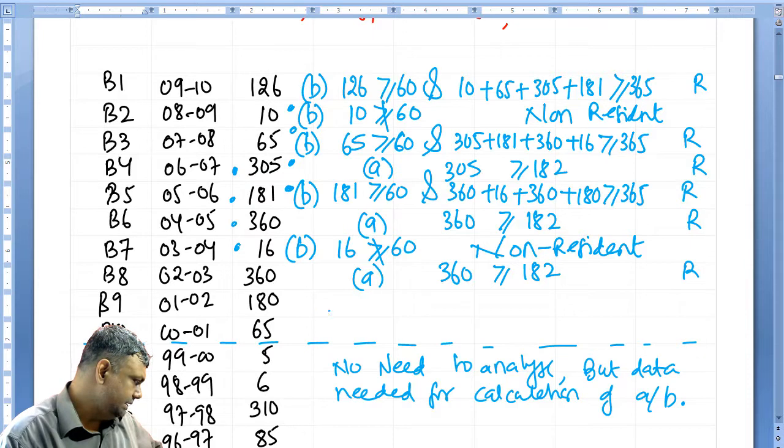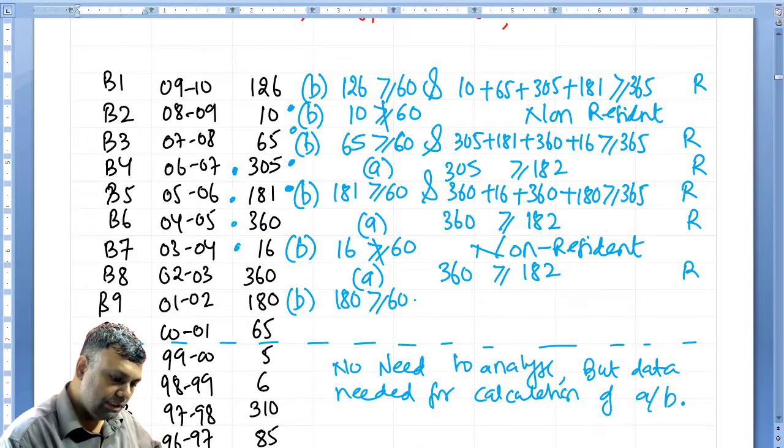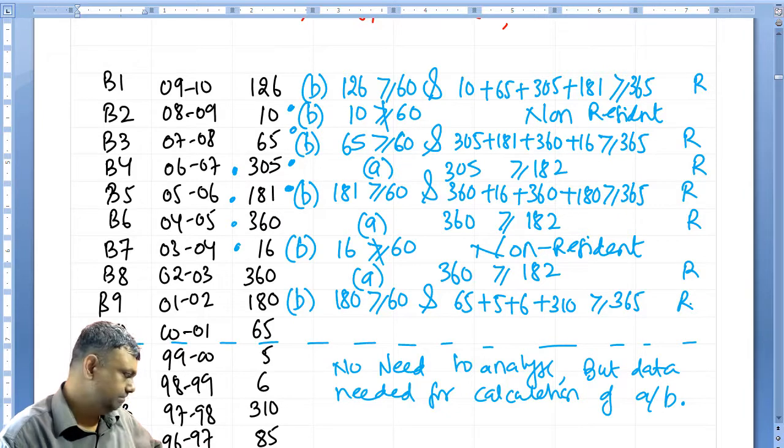Now 180 days. Let us test this. 180 days should be greater than or equal to 60, and 65 plus 5 plus 6 plus 310 should be greater than or equal to 365, and you are resident.